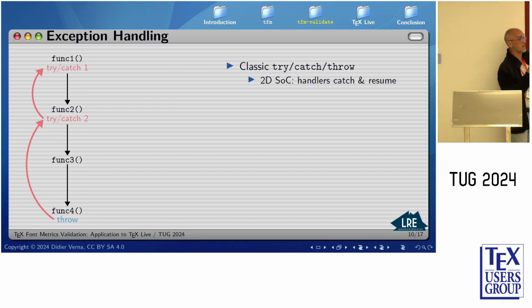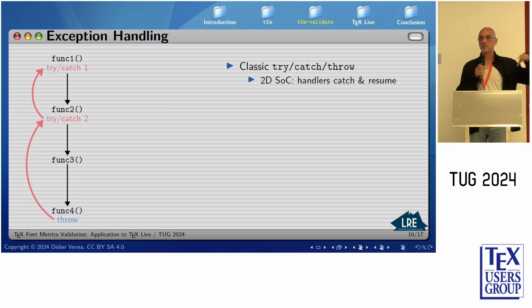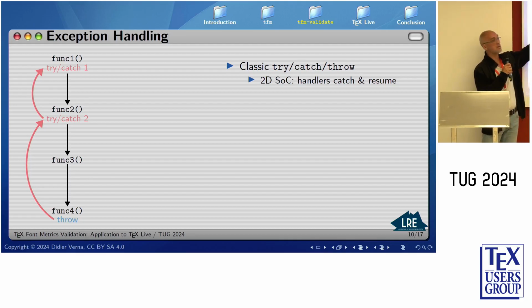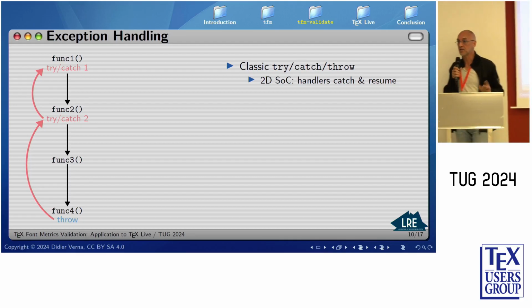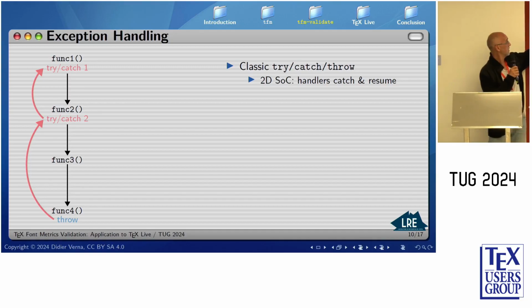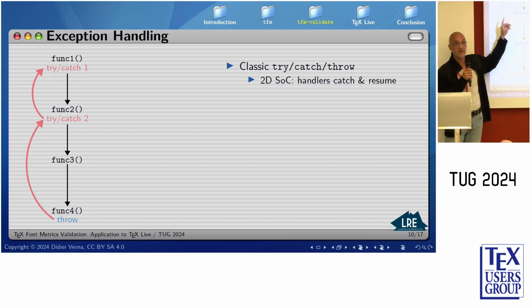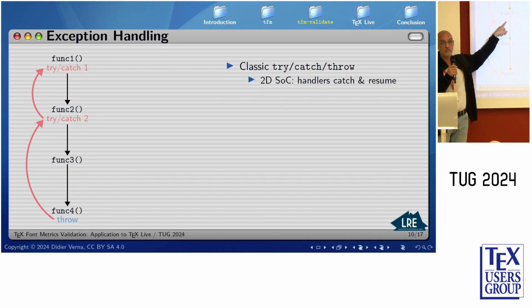So you have the call stack here, func1 called func2 called func3, and you have a possibility to throw an exception, which non-locally will trigger something, maybe a callback, signaling that there is a problem somewhere. If you throw an exception, it will go up the stack until it is caught by a try-catch statement, and if the exception is handled here, then the computation can resume from that point.